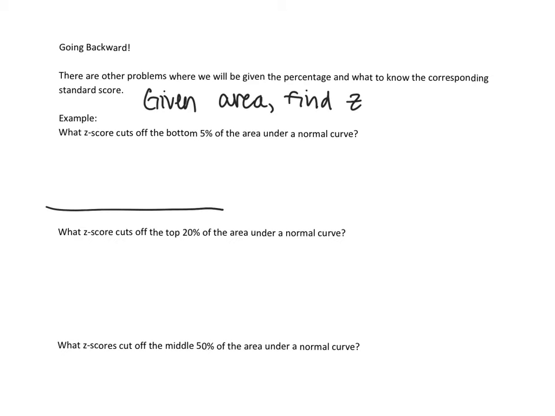So we draw our curve and we have our mean of 0 and we have some z-score that gives us the area. And what we want to look for is a z-score that's close to 0.0500. So we may not find a specific z-value. What we want to do is find the z-score that's closest.